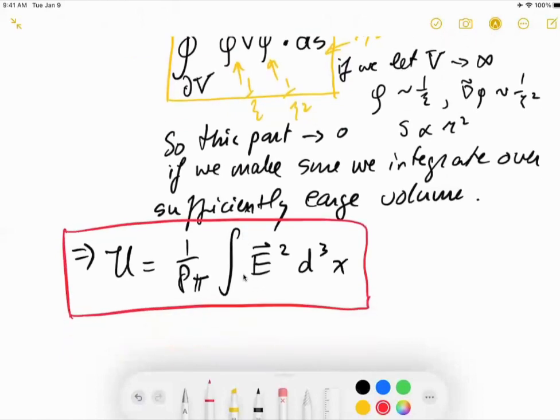And again, I want you to look at this expression and realize it's a little weird that we can do this, that the presence of rho doesn't even show up.